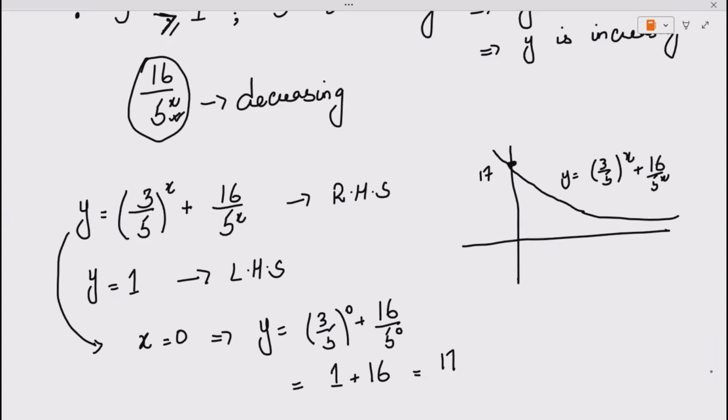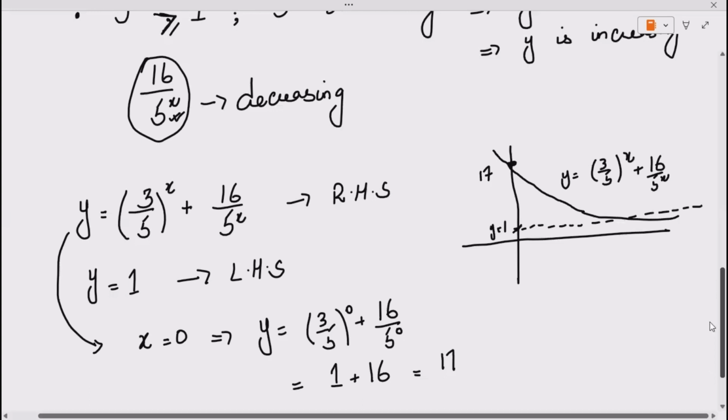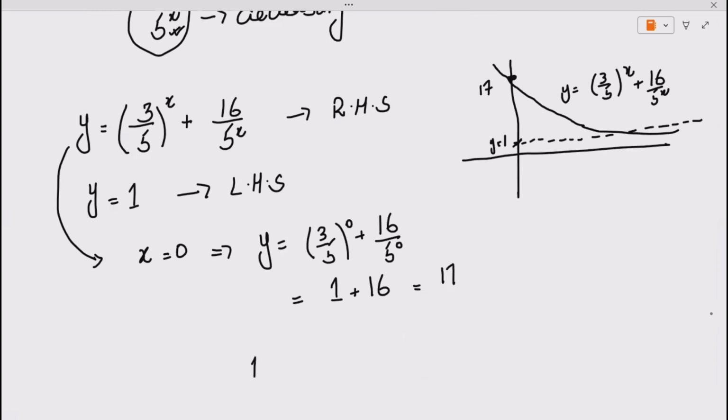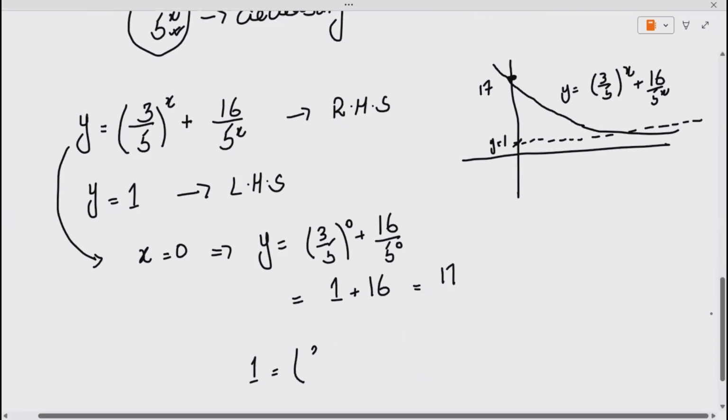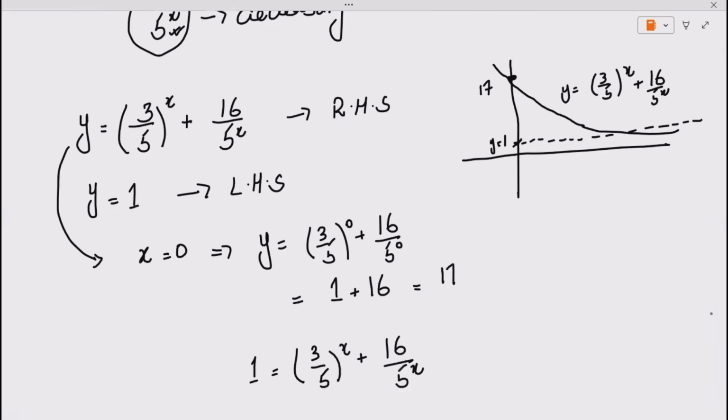And y equals 1. So let's take this y equals 1. Since our equation is that 1 equals (3 upon 5) raised to the power x plus 16 upon 5 to the power x, it means we have to find the value of x at which the left hand side and right hand side are equal.